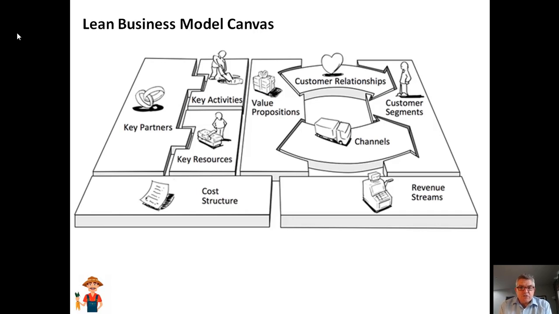Then moving to the next bit slightly further right, we have our key activities. Now, these are the activities that you as a business and the people within the business actually need to do to add value to or to provide value for your customers.